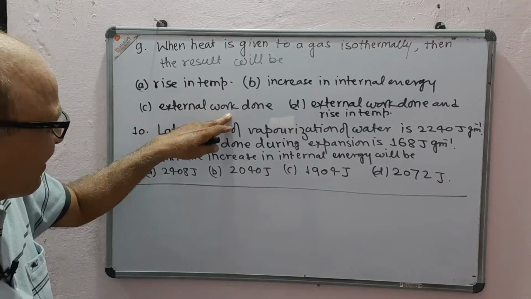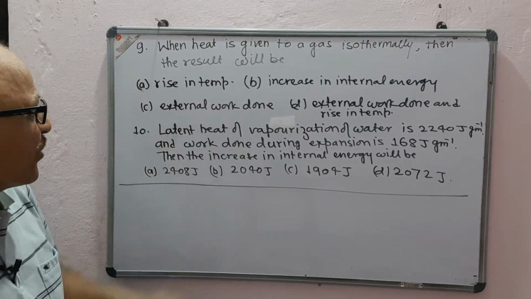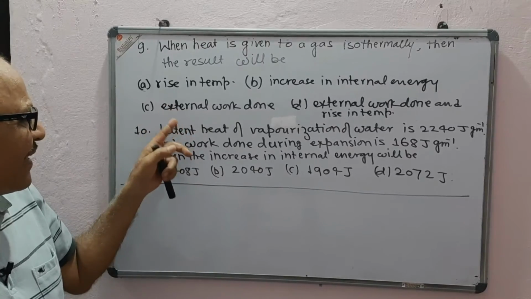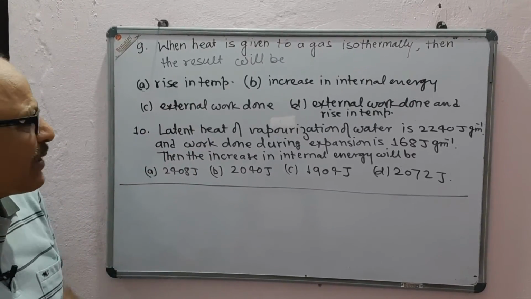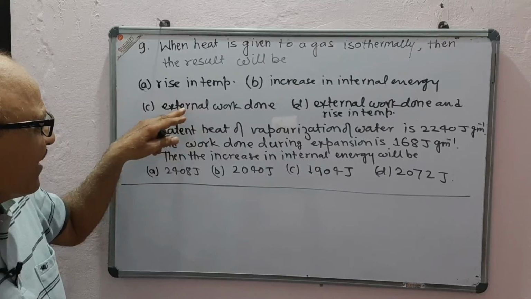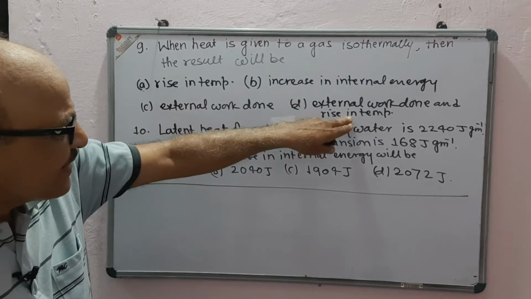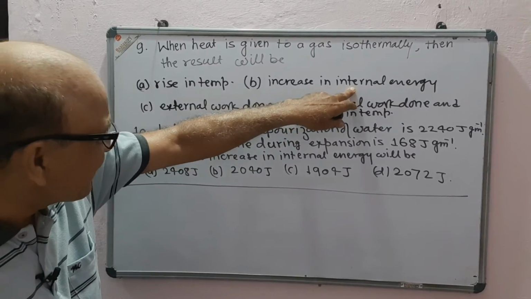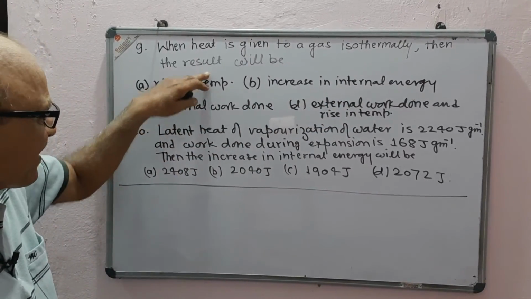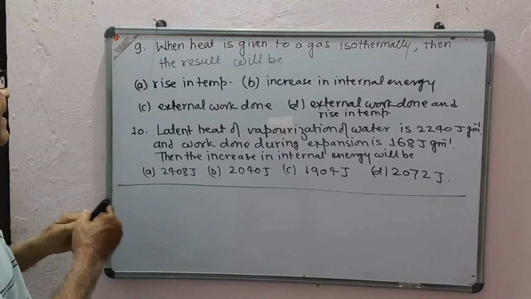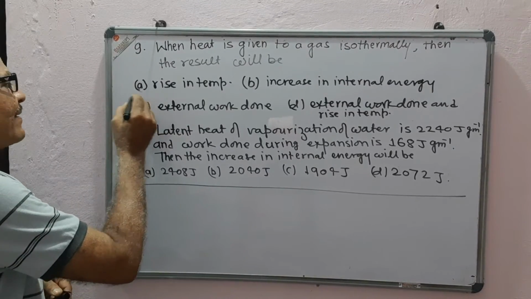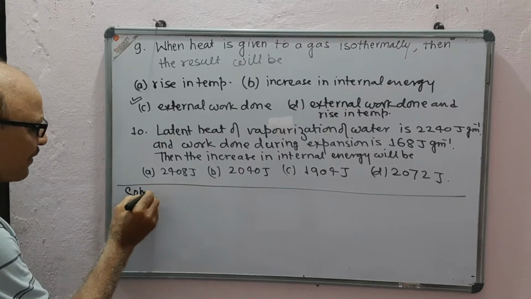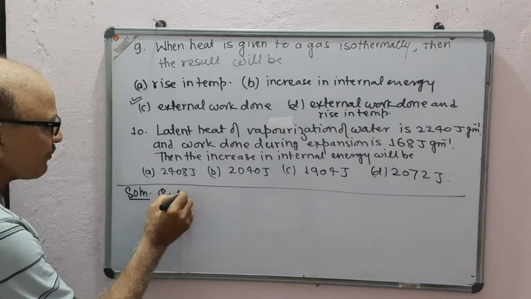External work done, and you know during an isothermal process external work done is nRT ln V2 upon V1. So this one is the correct answer. Here rise in temperature is wrong, increase in internal energy is wrong. This one is the correct answer.